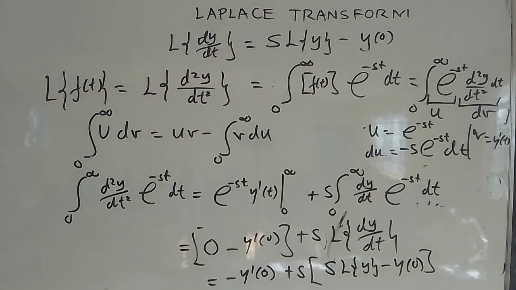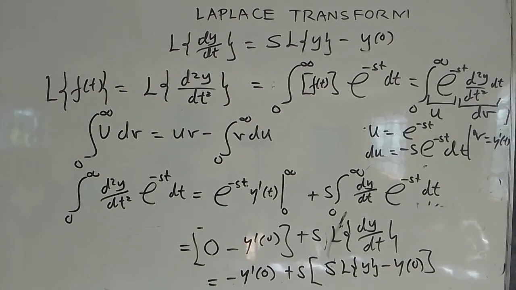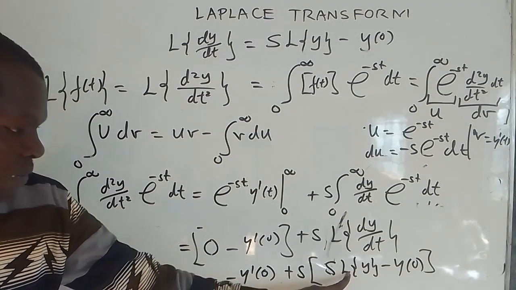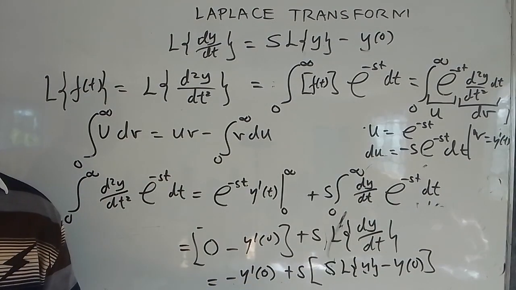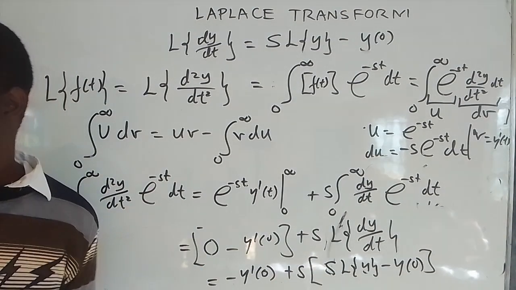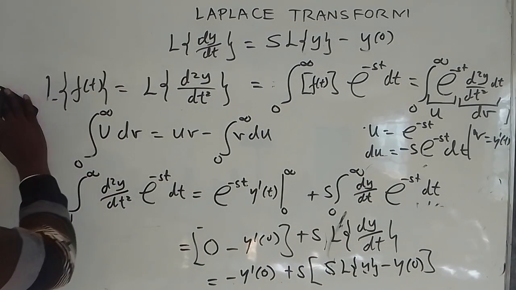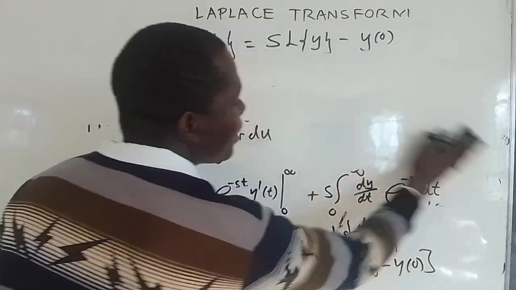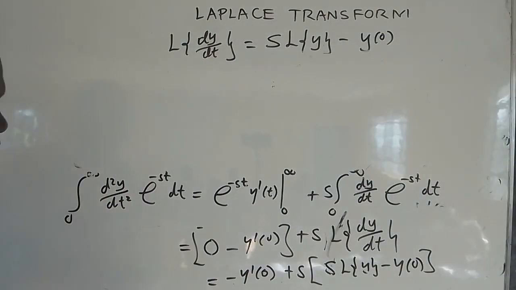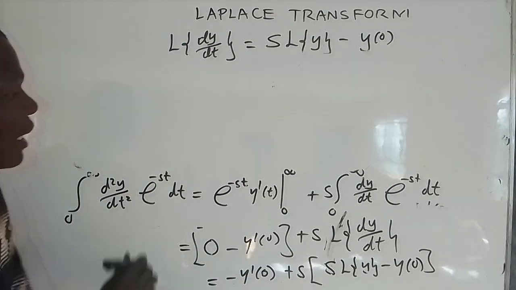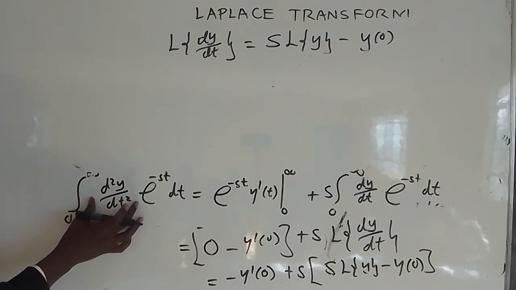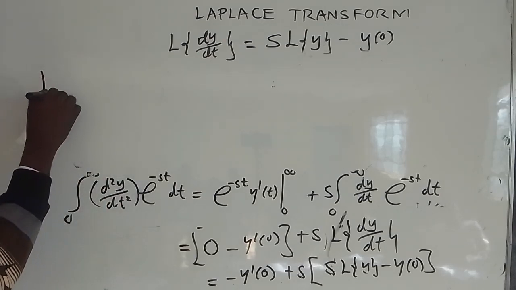Are you seeing that? So after you've done that, you just simplify, isn't it? If you simplify, this s multiplies everything inside the bracket. So on this side, this is the Laplace transform of what?